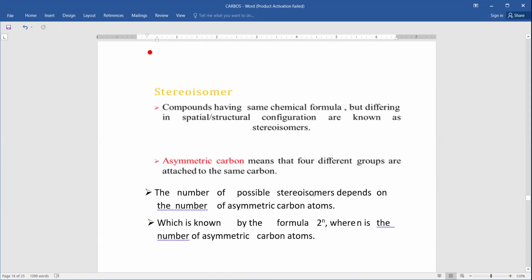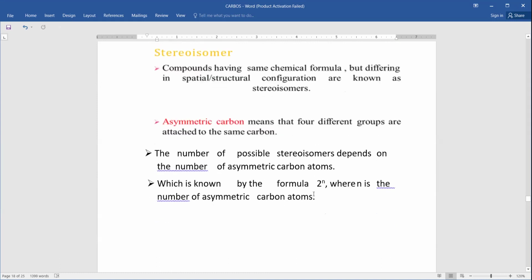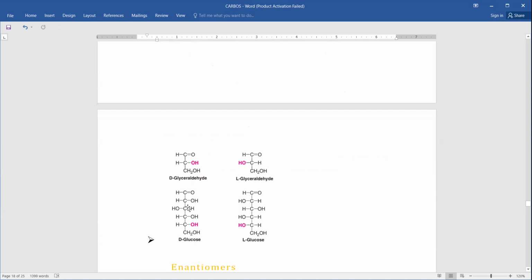Stereoisomers. Yesterday I told you compounds having the same chemical formula but differing in spatial structural configuration are known as stereoisomers. You may not understand the definition. If you observe this structure, it is a 2D image.